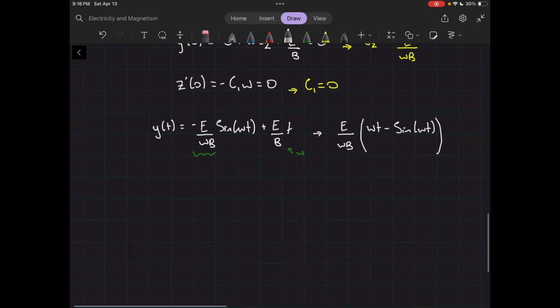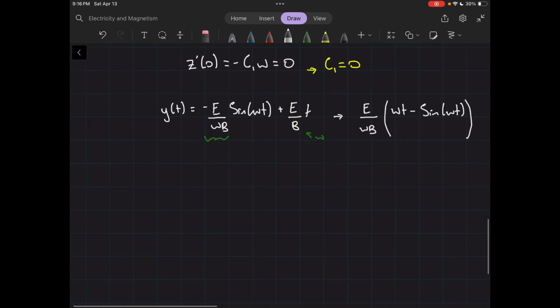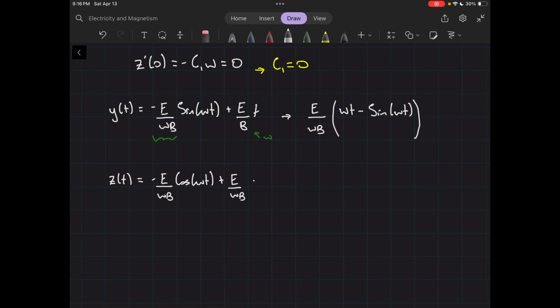Okay, so now for z, it will be equal to minus E over omega B cosine omega t plus E over omega B, which you can factor out the E over omega B: one minus cosine omega t.